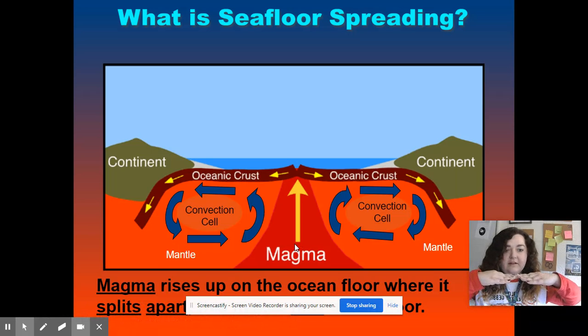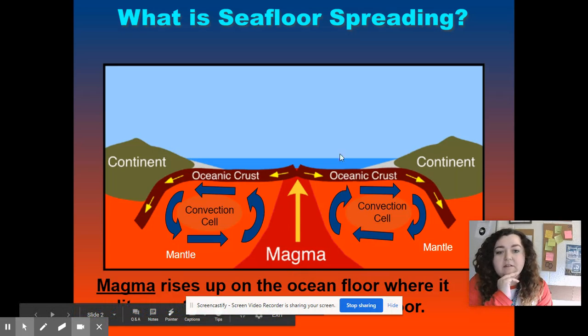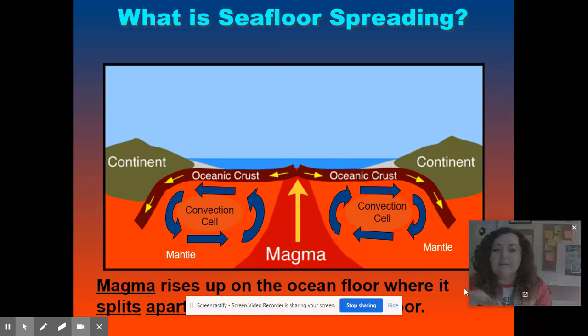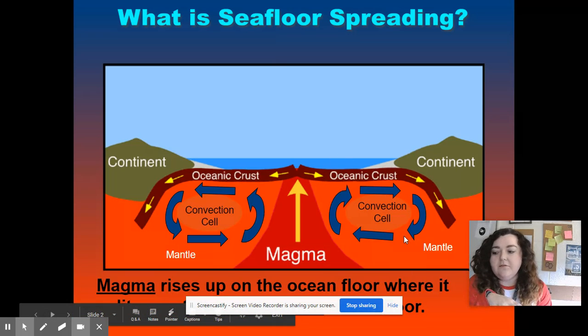We know that the plates have to be pulled apart. The plates are being pushed apart due to these convection cells. And the convection cells are made because magma rises up. You can see that here, magma rises up. And as it rises, it cools, and then it goes back down. That's the convection process.